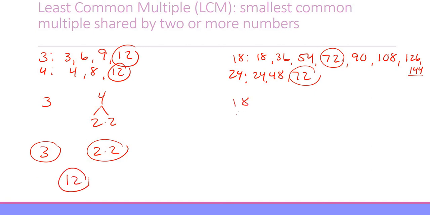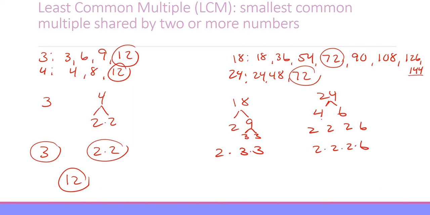Let's look at 18. 18 is 2 times 9, which is 2 times 3 times 3, right? 24 is 4 times 6, which is 2 times 2 times 2 times 3. So those are my prime factors of 24 and 18.